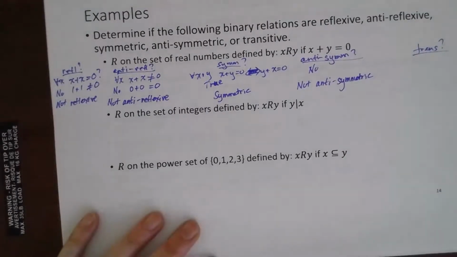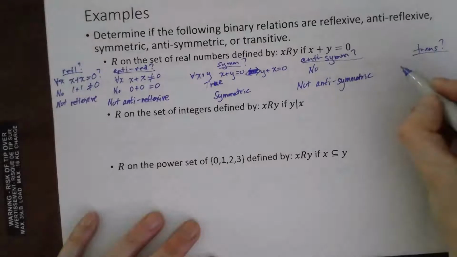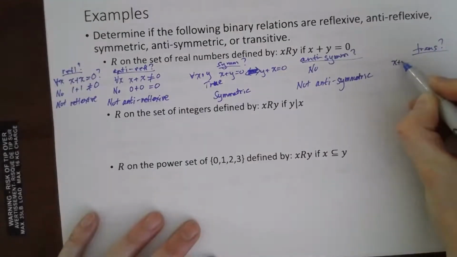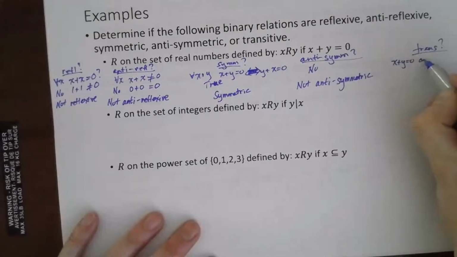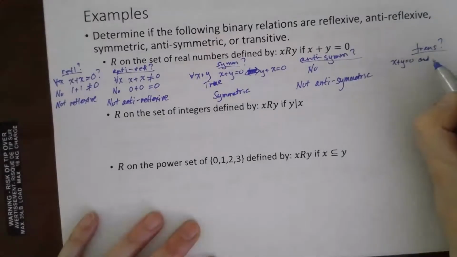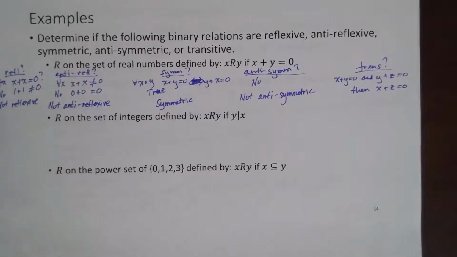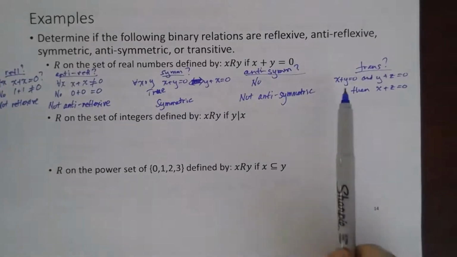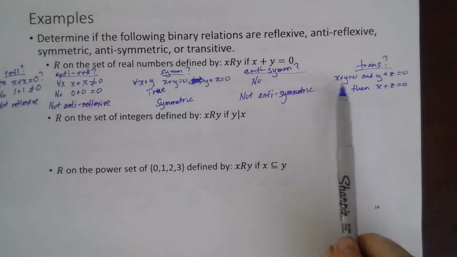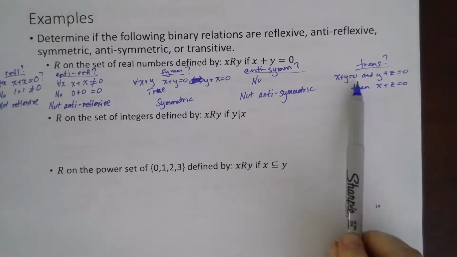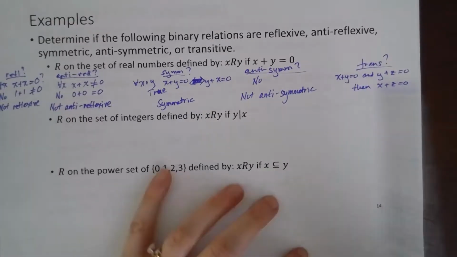And then what about transitive? Transitive means that x is related to y, so x plus y is 0, and y is related to z, so y plus z is equal to 0. Well, then will I automatically get that x plus z equals 0? Let's just pick two numbers. Give an example of two numbers that could add up to 0. 7 and negative 7.